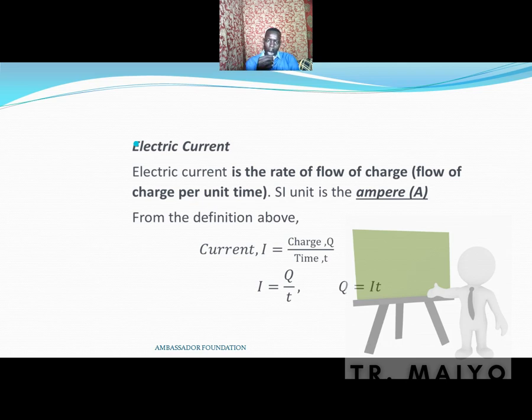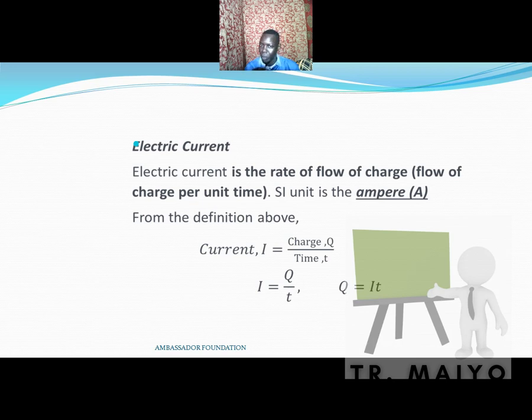Now, from our definition that current is the rate of flow of charge, or flow of charge per unit time, it means that for us to get current, we must have charge. Charge is denoted by the letter Q. And because we have said per unit time, we have to divide charge by time.